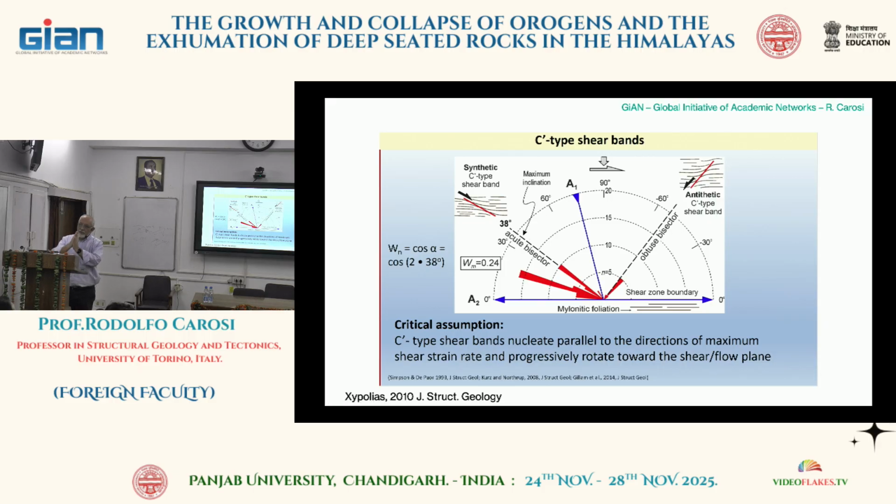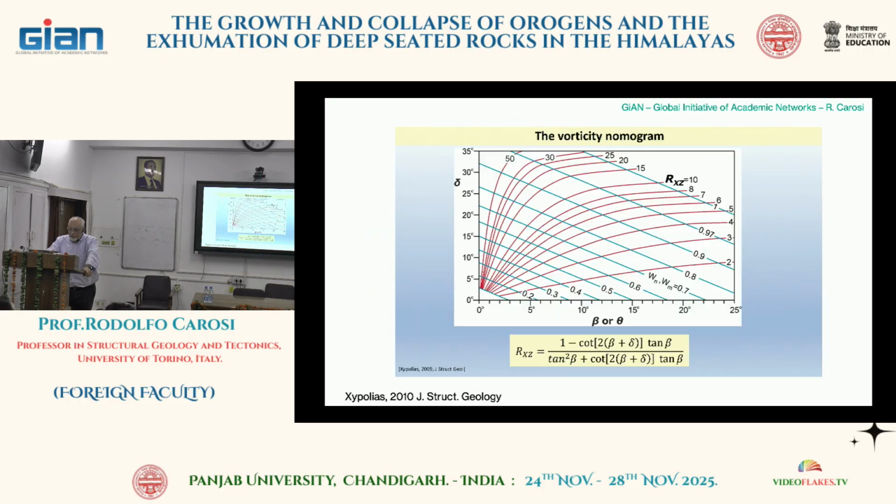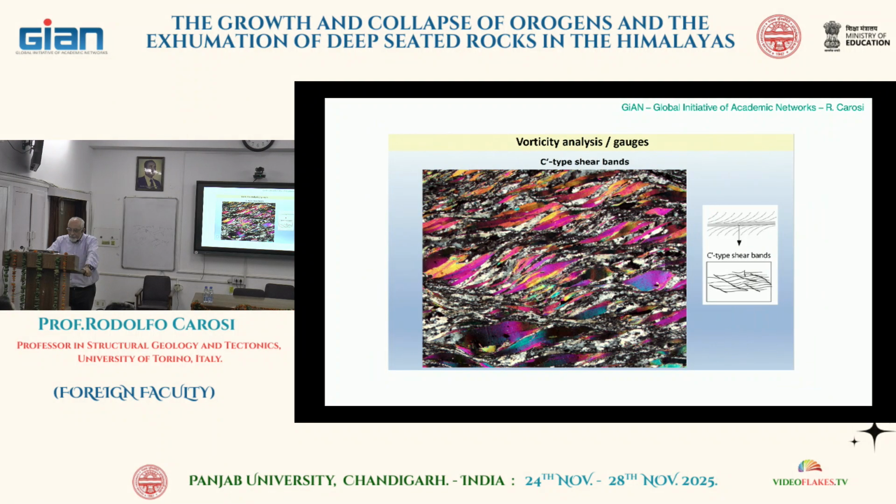When they rotate, the angle is less and less, so you take the highest angle. This is another very simple way to gain information on the simple shear in mylonitic rocks with C prime fabric. It is quite common. You can see it also in the field in a polished slab of rock.